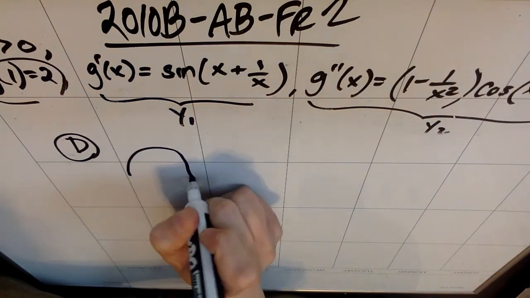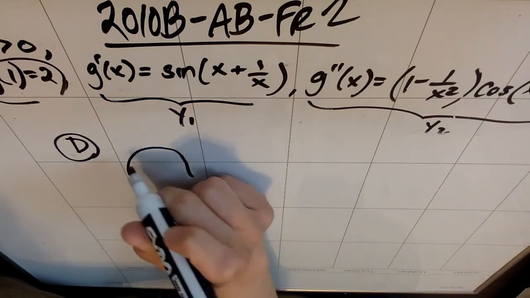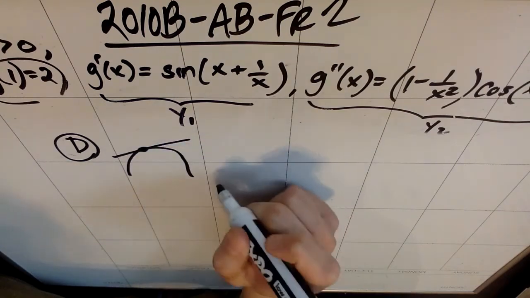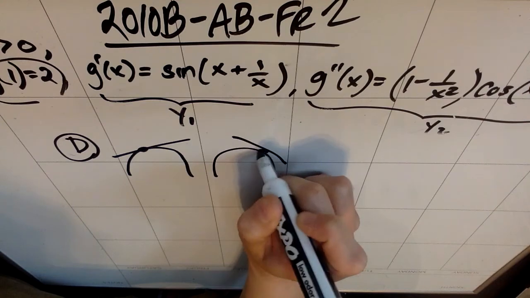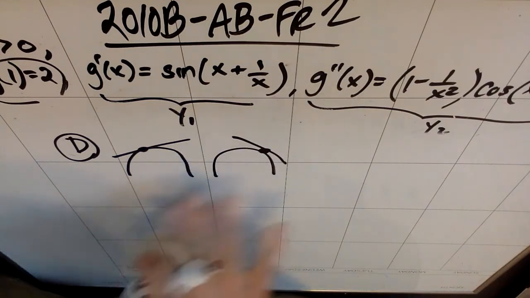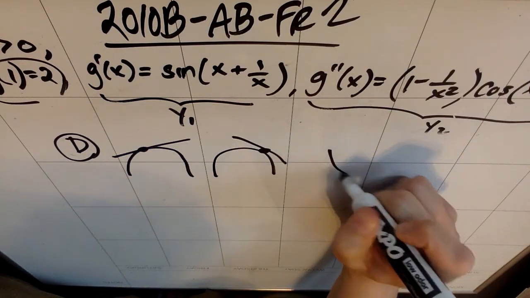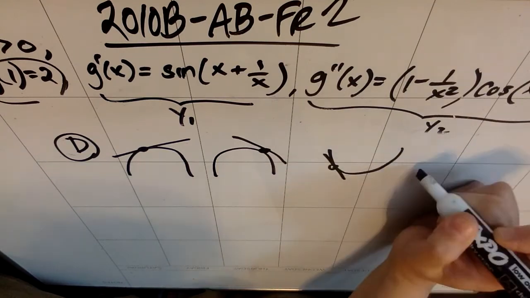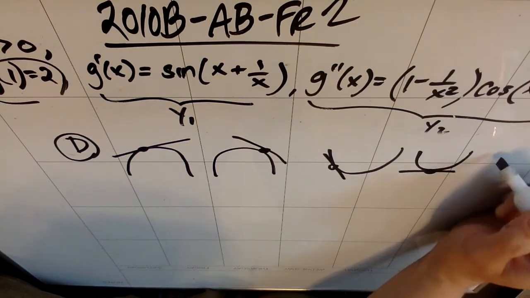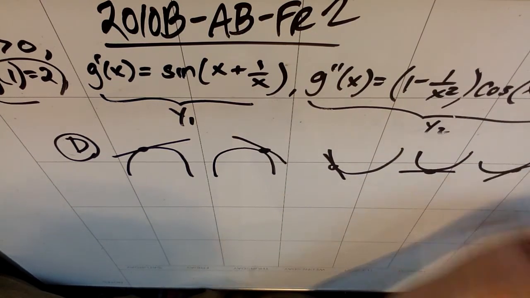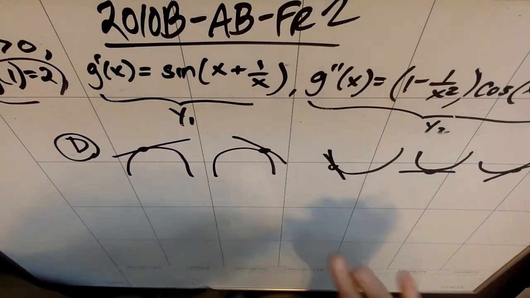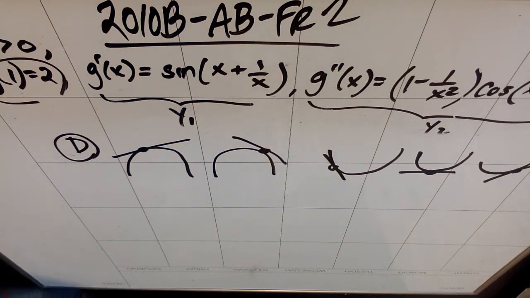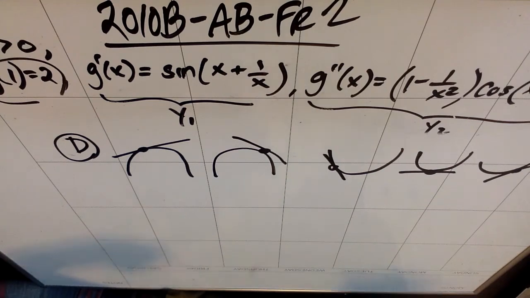If something is concave down, then its tangent line sits on top. If something's concave up, the tangent line sits underneath. It doesn't matter where you draw the tangent line. So really what D is asking you is, what's the concavity of g on this window?